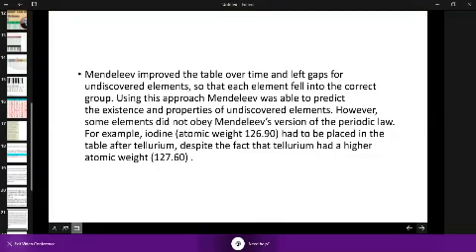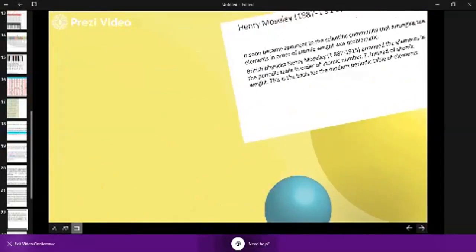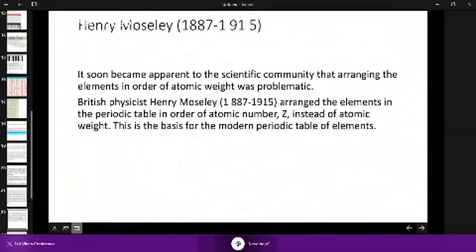But yeah, his work was better than Newlands' work, because for the problem with Newlands, you could combine more than one element in a specific area or position, which Mendeleev never did.